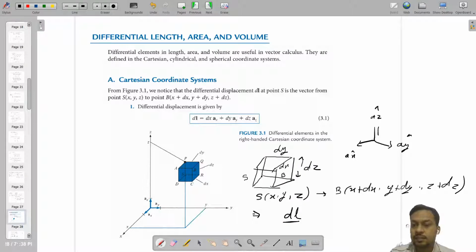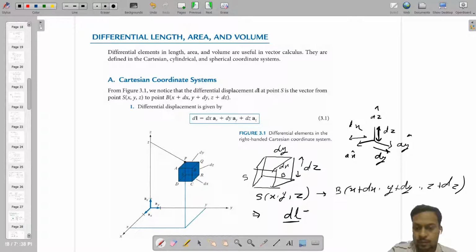The length which varies in the z direction is called dz, the length which varies in the y direction is called dy, and the length which varies in the x direction is called dx.